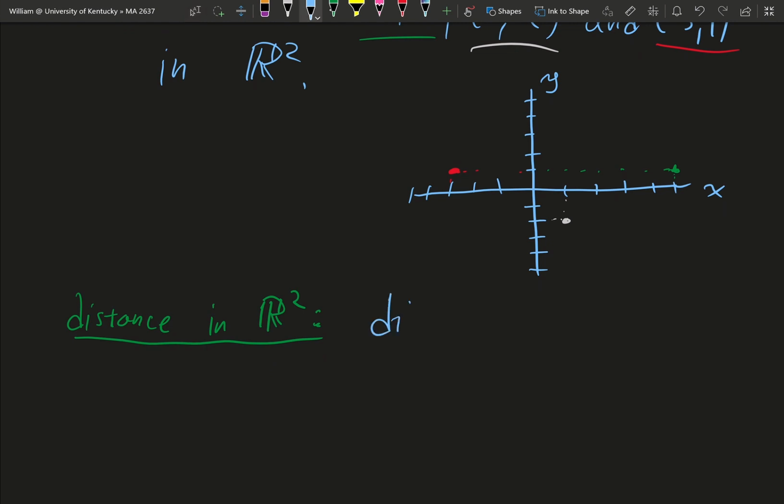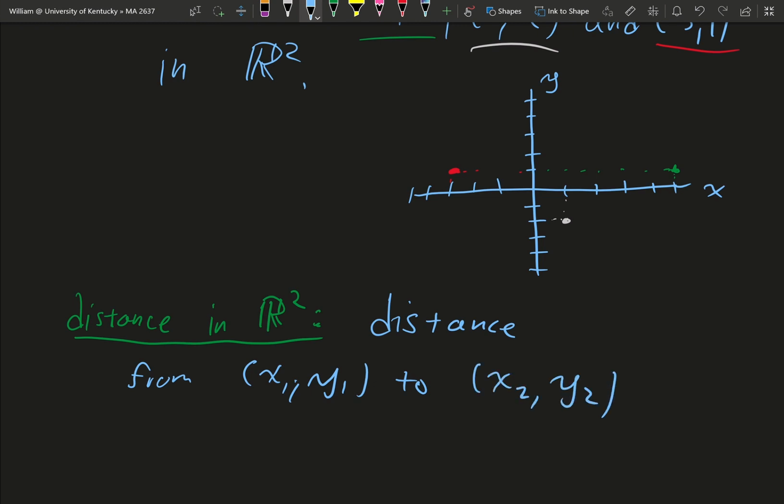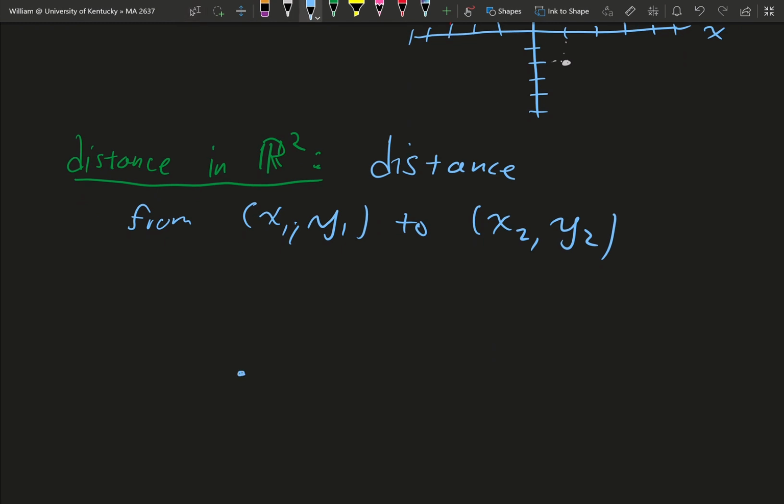So if we look at the distance from x1, y1 to x2, y2, there's my point x1, y1, there's my point x2, y2, and then what I'm going to do is draw a right triangle. That's my distance that I'm after.